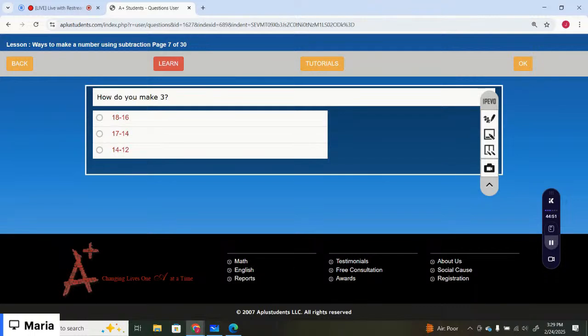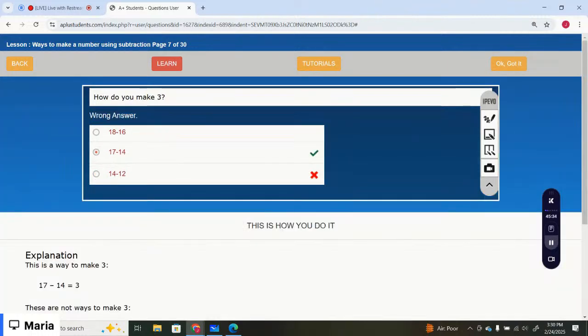How do you make 3? Which is the correct option? That is 14 take away 12 is the correct option.